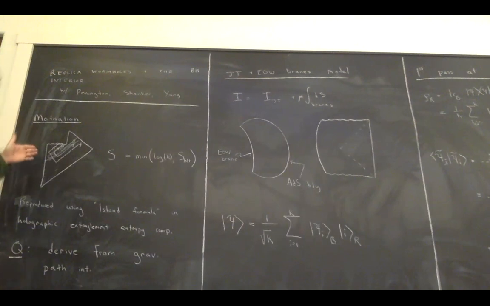This is a cartoon of a Penrose diagram for an evaporating black hole in flat space-time. These wiggly lines represent Hawking quanta. The ones outside the horizon represent the radiation that leaves the region of the black hole and approaches a region where gravity is essentially unimportant, out near scri plus.